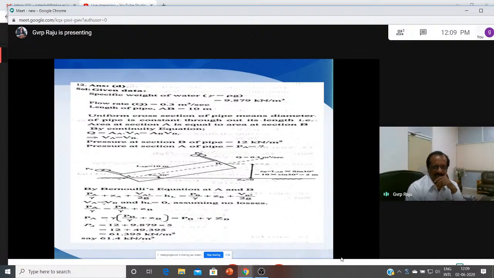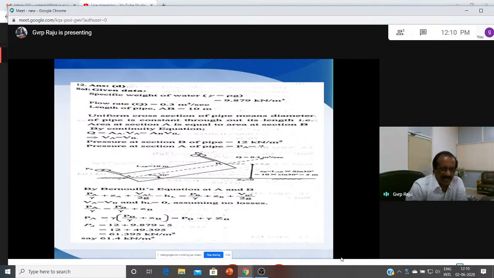So when VA is equal to VB, these two will be cancelled and HL is equal to 0. Now this is PA by gamma plus ZA is equal to PB by gamma plus ZB. If you take datum here, ZA is also equal to 0. So PA by gamma is equal to PB by gamma plus ZB.